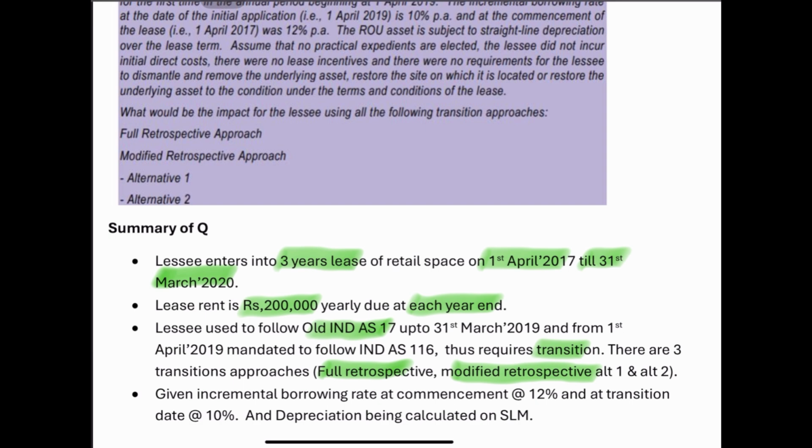Here the incremental borrowing rate at commencement was 12% and at transition was 10%, and depreciation is calculated on the straight line method. So now we'll have to do the full retrospective approach and then the modified retrospective approach, alternate one and alternate two.